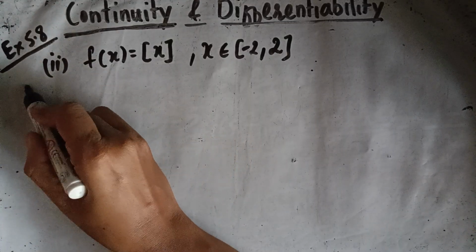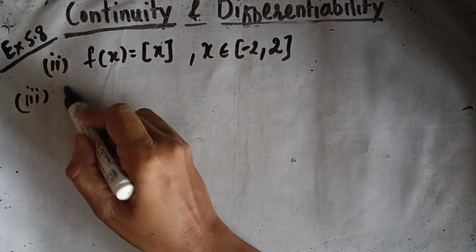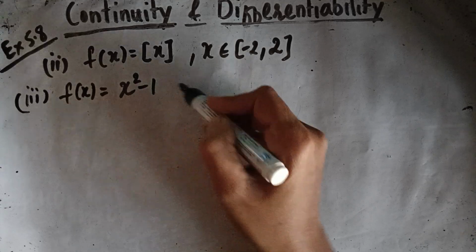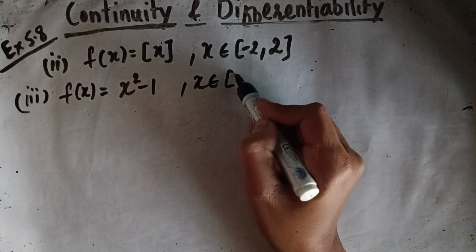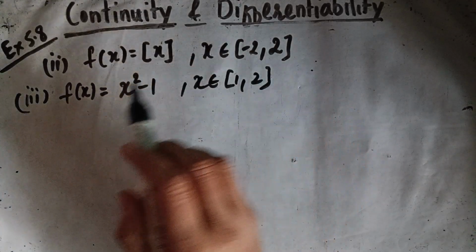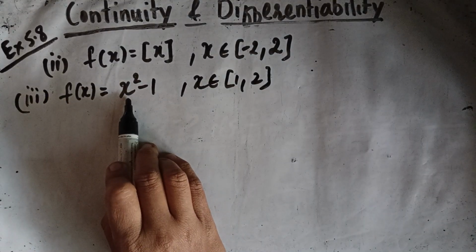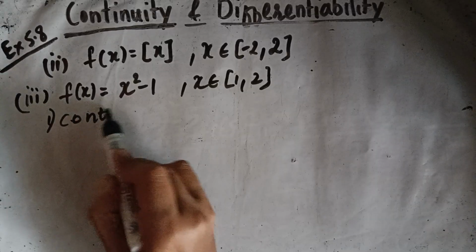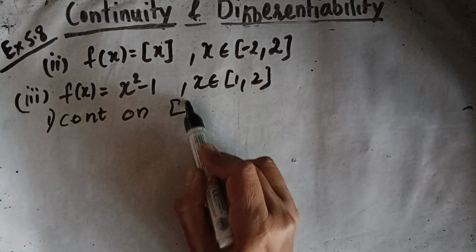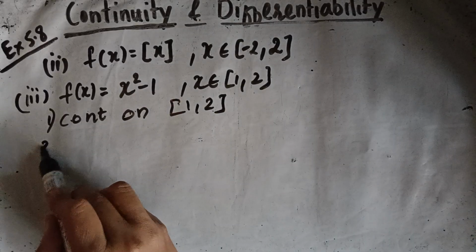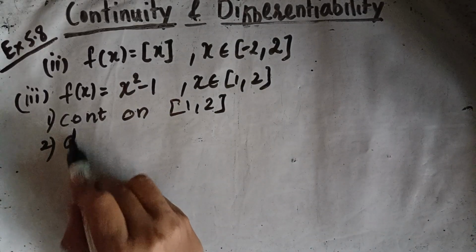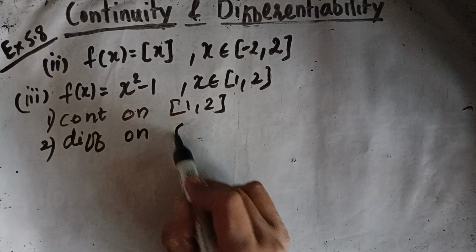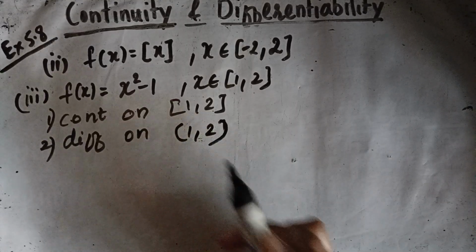Okay. Let's see the third one. f of x equal to x square minus 1, x belongs to 1, 2. Now this is a polynomial function, so it is continuous, and also it is differentiable on 1, 2.